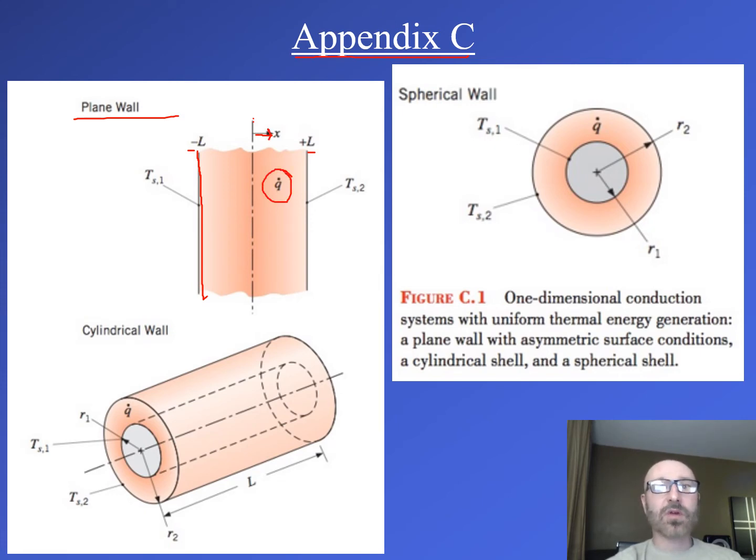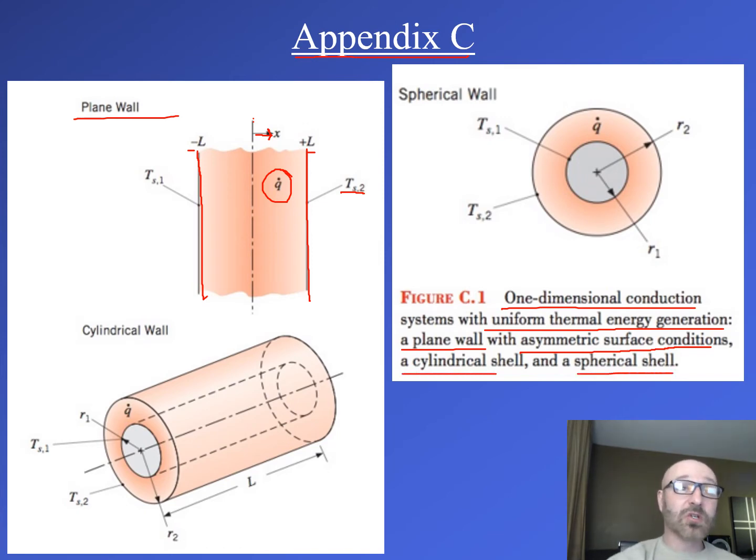And over here on the side, I have my surface temperature at surface number 2. So I can see how things are labeled and laid out, and that's simply for our plane wall. This is one-dimensional conduction, systems with uniform thermal energy generation. We have a plane wall that we just looked at with asymmetric surface conditions. Now we're also going to look at our cylindrical wall and the spherical shell.